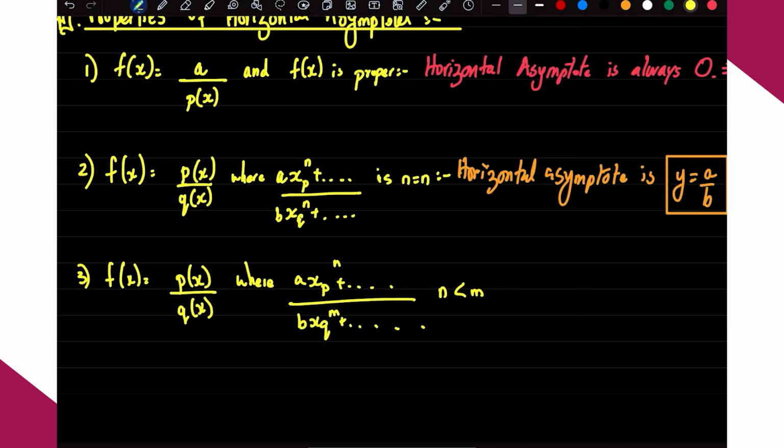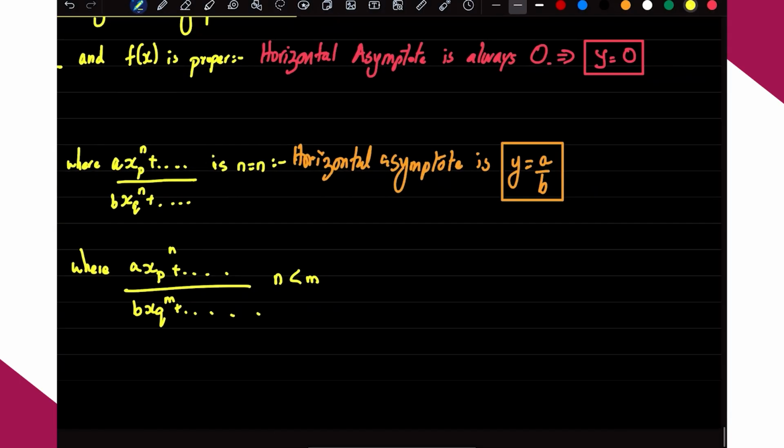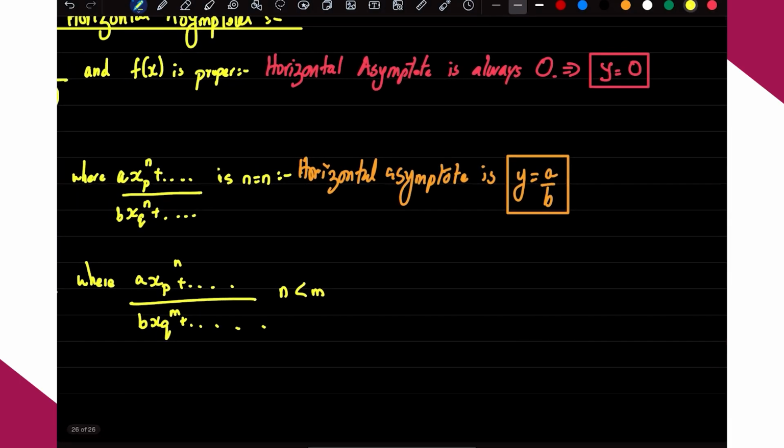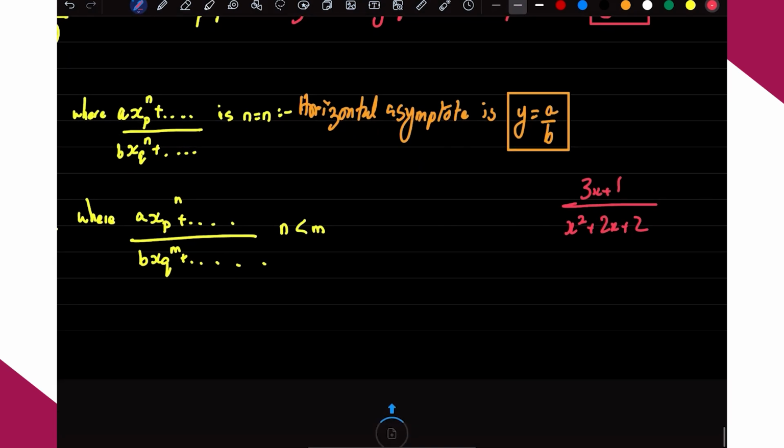What is going to happen in that sort of situation? I want to take a look at this with an example. Let's say we had 3x plus 1 over x squared plus 2x plus 2. If this was our particular function, then how would it behave in certain scenarios?